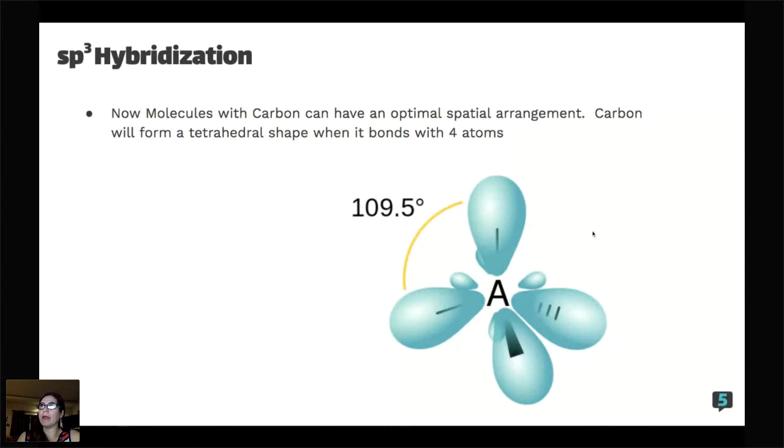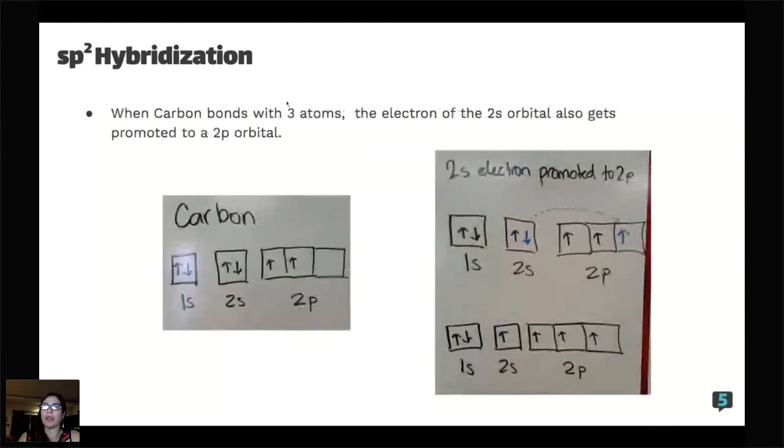Now, if carbon has only the option to bond with 3 atoms, then this is what happens. This s electron is still hybridized to the p level. We still have 4 spaces for bonding, which is what carbon wants because it wants to fulfill the octet.